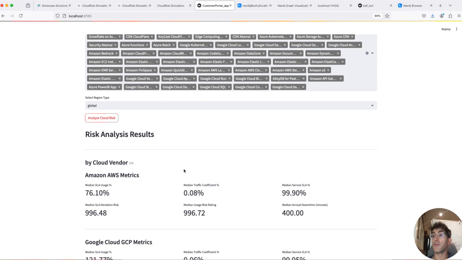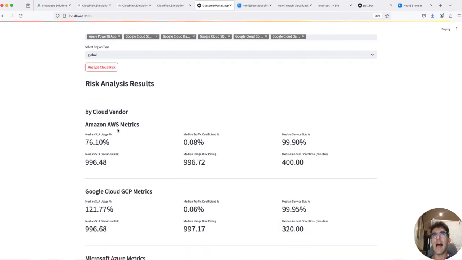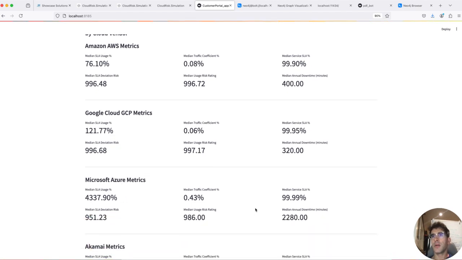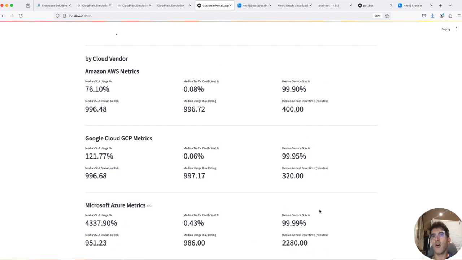Here our product, running in local mode, consulted our services APIs, which we are going to enable before the end of this year, and evaluates the general overall metrics, giving you a perspective by cloud vendor of how much of the SLAs have been met on Amazon, Google, and Azure, and what type of SLAs they offer.